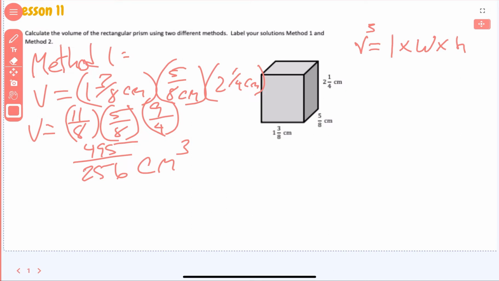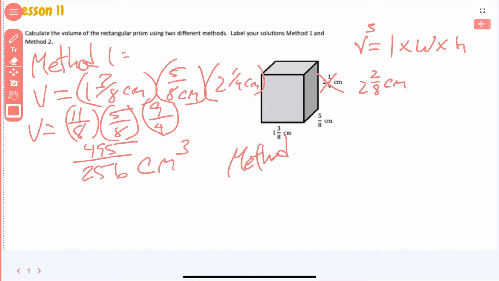So now then, the easiest way to do this for method 2, or the way they're talking about with method 2, is think about it like this. What is the common denominator that we would use for these fractions if we're going to add them? 8. So we would change this to 2 2/8, right?